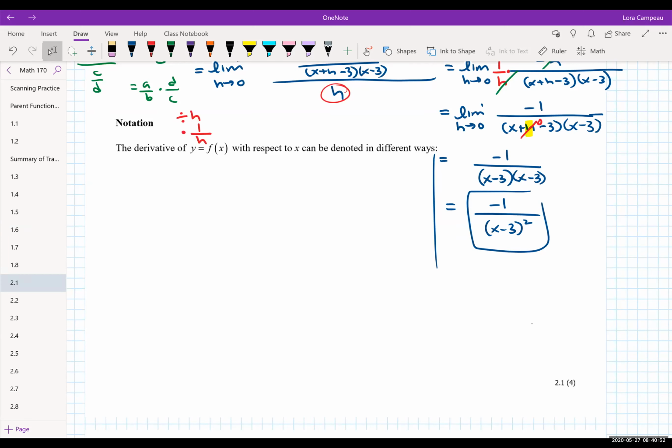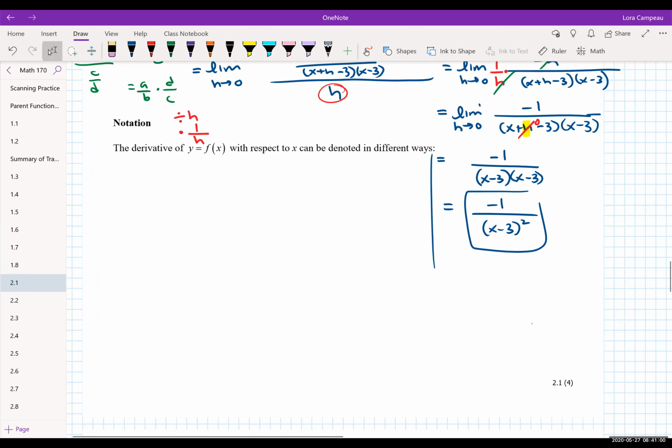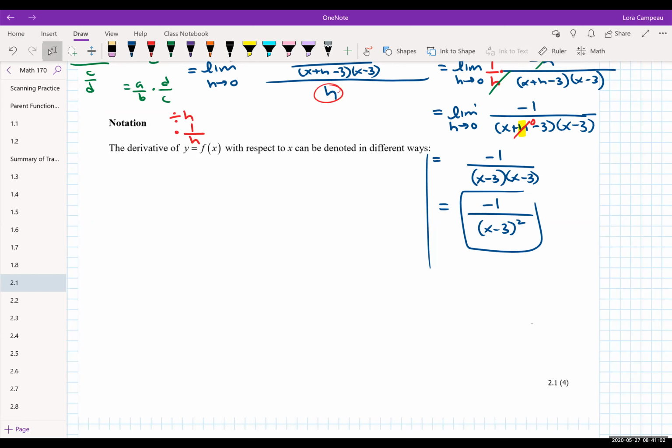And I know you probably heard me talk about f prime x. I'll give you a way that we talk about derivatives so we don't have to keep writing out derivative every single time. There's a few different ways to play with the derivative, and I'll give you a few of them.